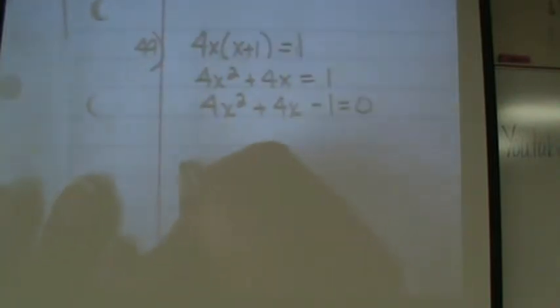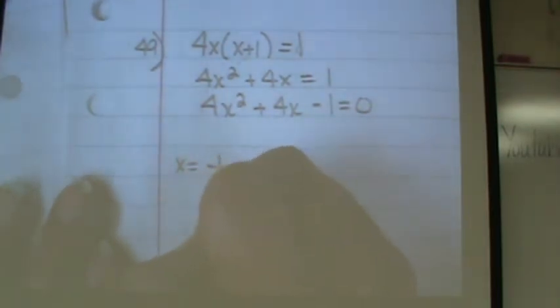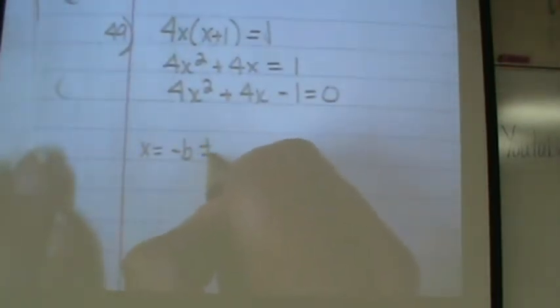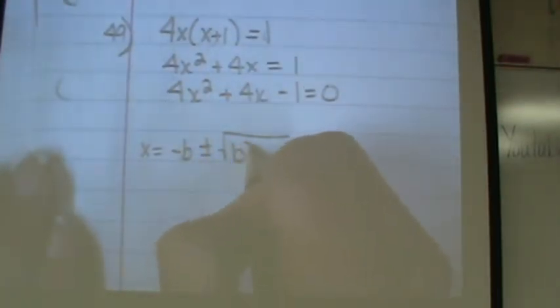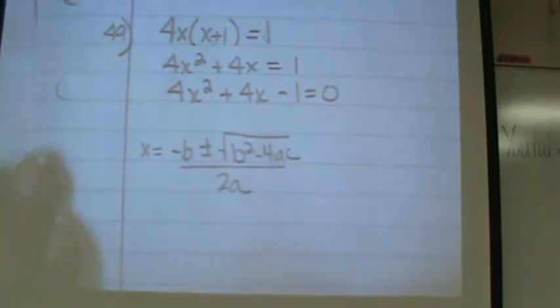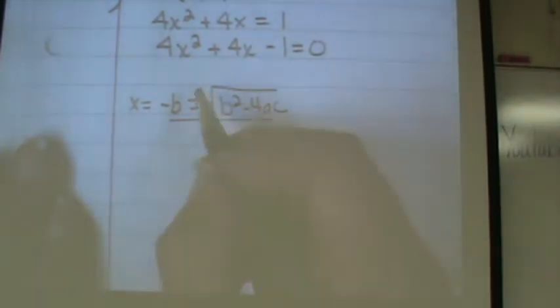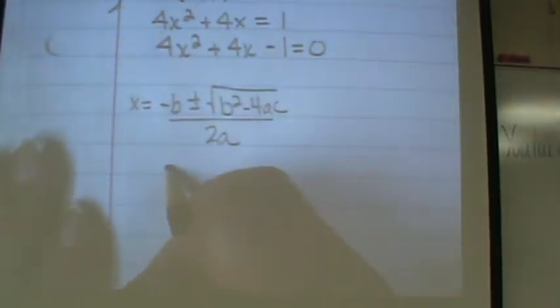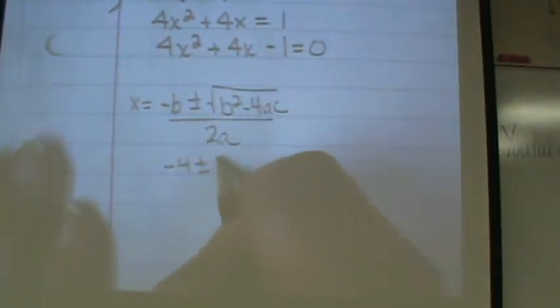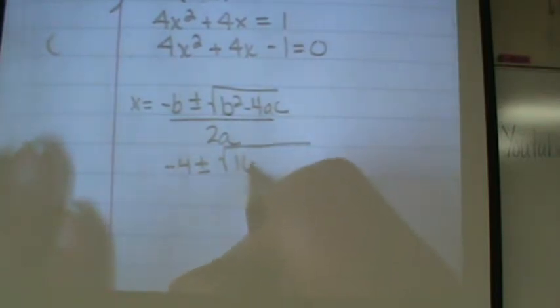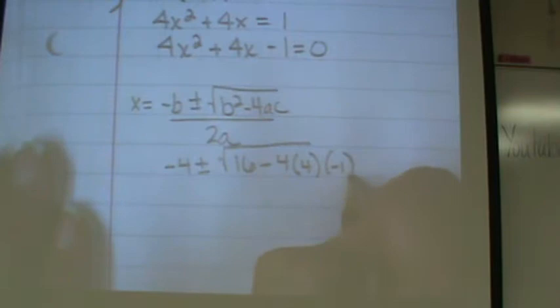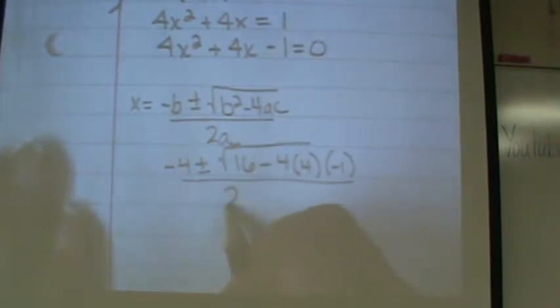So we have x is equal to negative b plus or minus the square root of b squared minus 4ac, all over 2a. So b is 4, so we're going to write negative 4 plus or minus the square root of 16 minus 4 times negative 1, all over 2 times 4, which is 8.